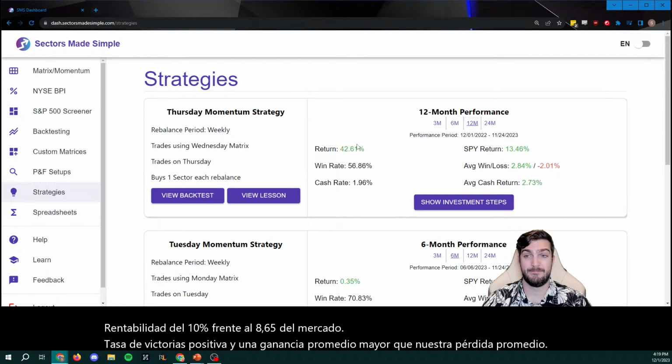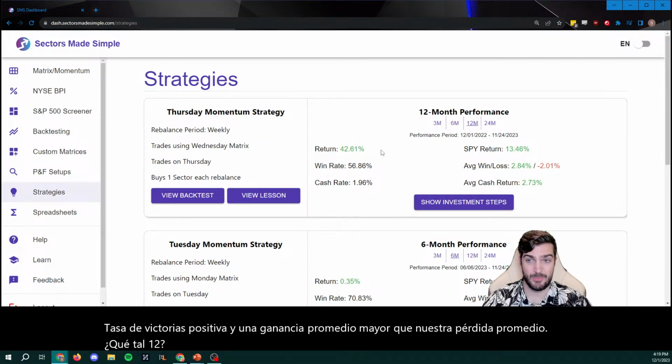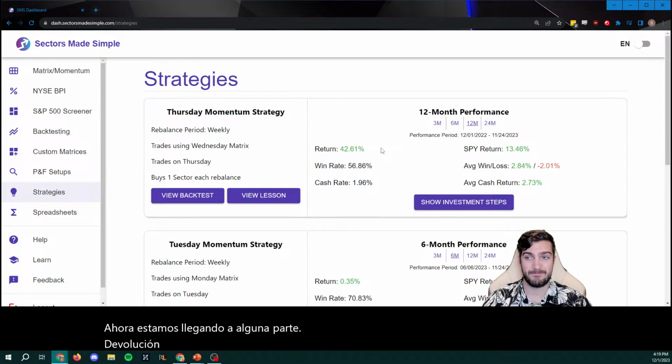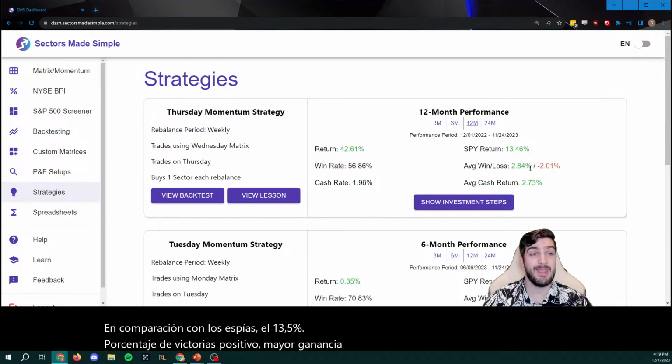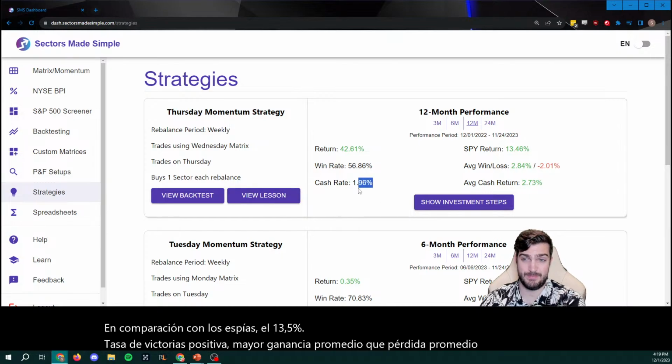How about 12 months? Now we're getting somewhere. Return of 42.6% compared to SPY's 13.5%. Positive win rate, bigger average win than average loss, and hey, now we're holding cash.